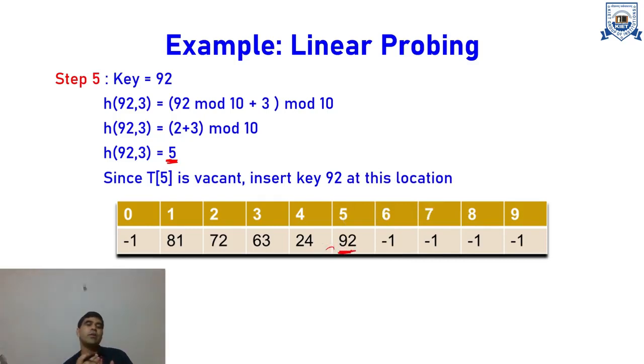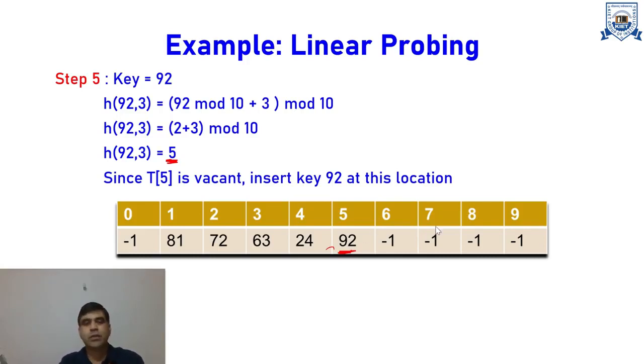So in linear probing, if for a particular index a collision has occurred, then we look for an empty space in the corresponding sequential positions.